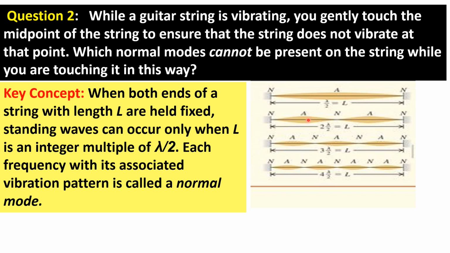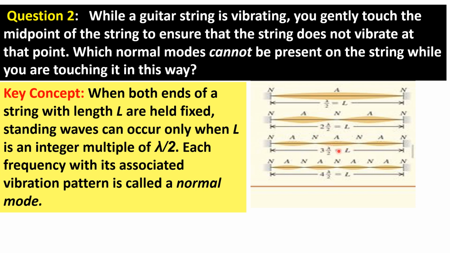When there are two antinodes, the one in the middle, or midpoint of the length, is a node, and this wave pattern corresponds to 2 times 1/2 lambda, or exactly 1 lambda being equal to the length of the string.